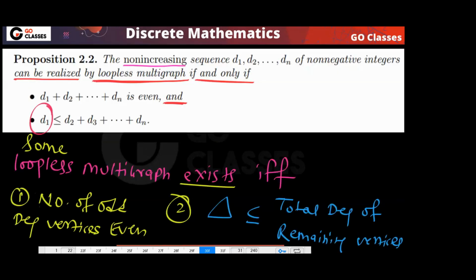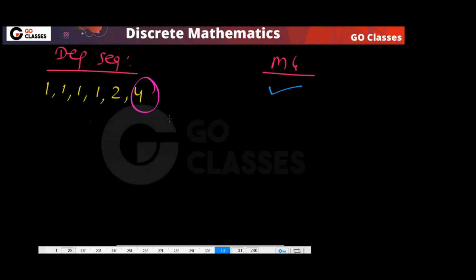The maximum degree should be less than or equal to the summation of the remaining. Is this clear to everyone? So this is the maximum degree, and you can notice it is less than or equal to the summation of the remaining degrees. So yes, you can create a multigraph.